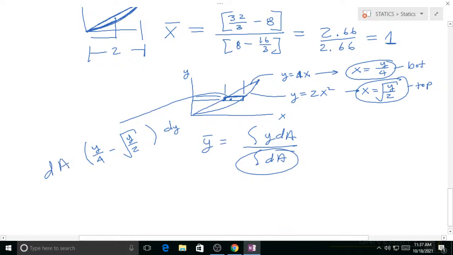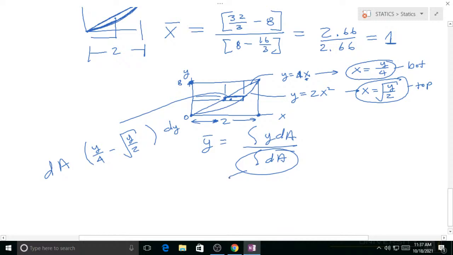You would evaluate it from 0 to 8. The reason it would be that way is because you knew this was 2. I don't know why I put the arrowhead right there. So that's 2. You stick in 2 here and you get 8. So that's how high y is.